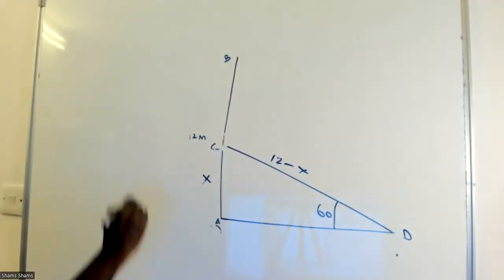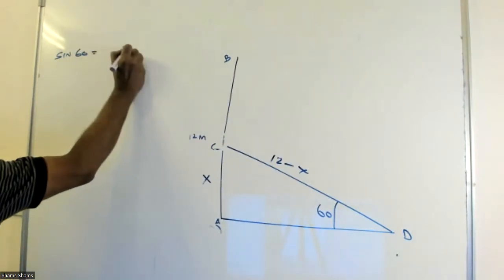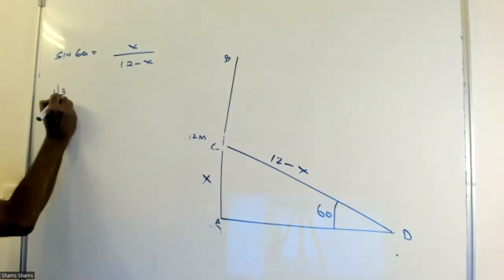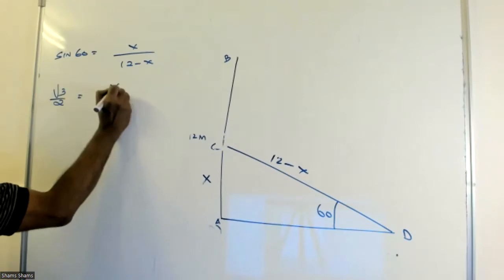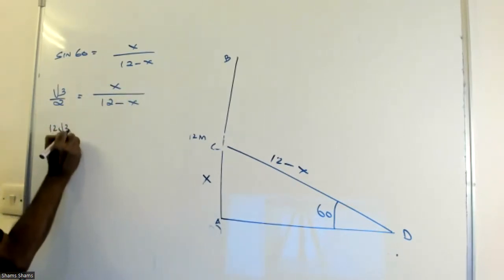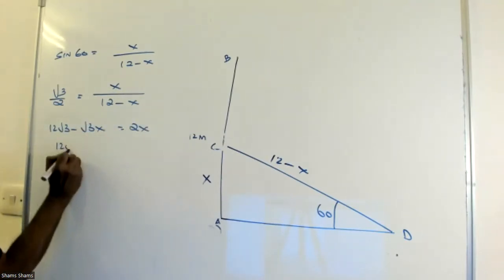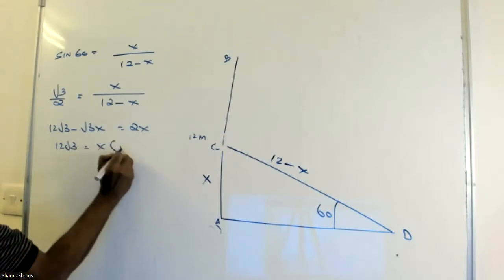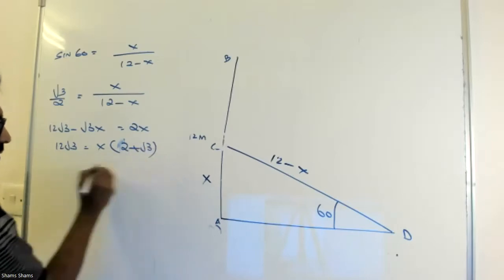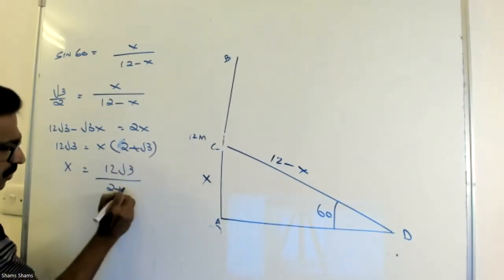After the explanation, you write sine 60 equal to x divided by 12 minus x. Sine 60, root 3 by 2, equal to x divided by 12 minus x. 12 root 3 minus root 3 x equal to 2x. 12 root 3 equal to x times 2 plus root 3. So x equal to 12 root 3 divided by 2 plus root 3.